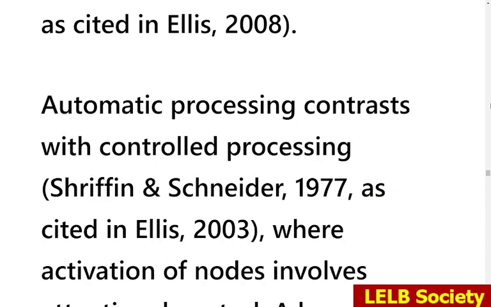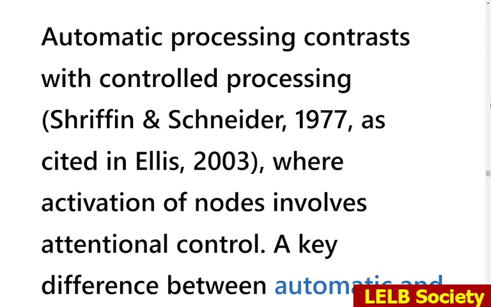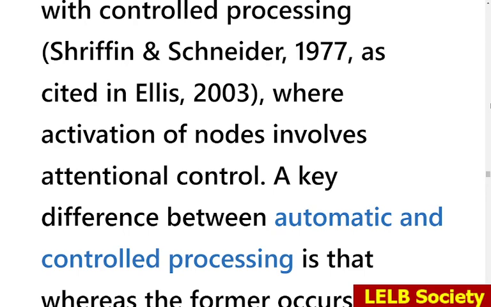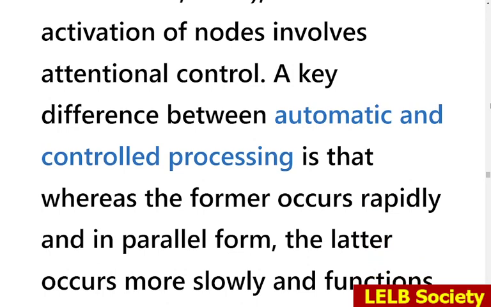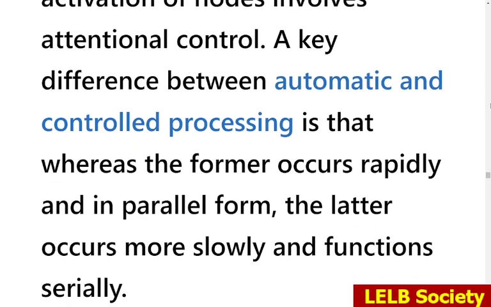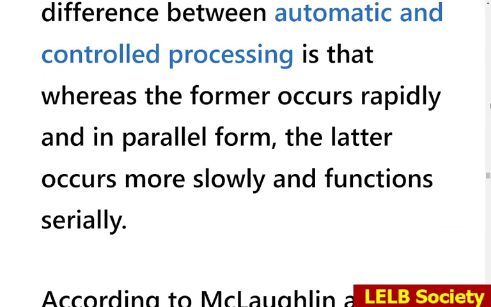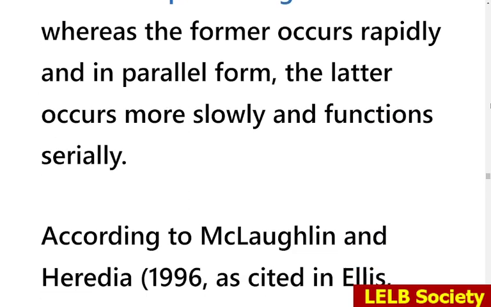Automatic processing contrasts with controlled processing. Schriffen and Schneider, 1977, as cited in Ellis 2003, where activation of nodes involves attentional control. A key difference between automatic and controlled processing is that whereas the former occurs rapidly and in parallel form, the latter occurs more slowly and functions serially.